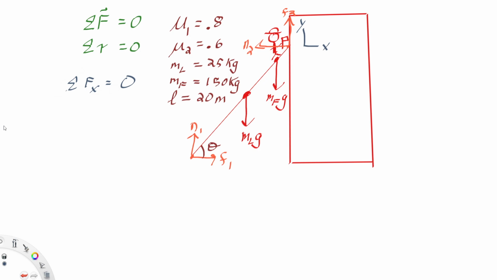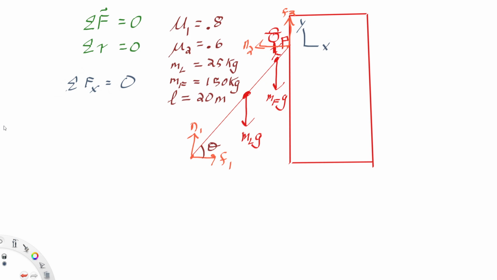What does the coefficient of friction have to be for the box to not slip? Here we're saying the ladder is not moving. What kind of normal force and friction do we require for the ladder to not move?